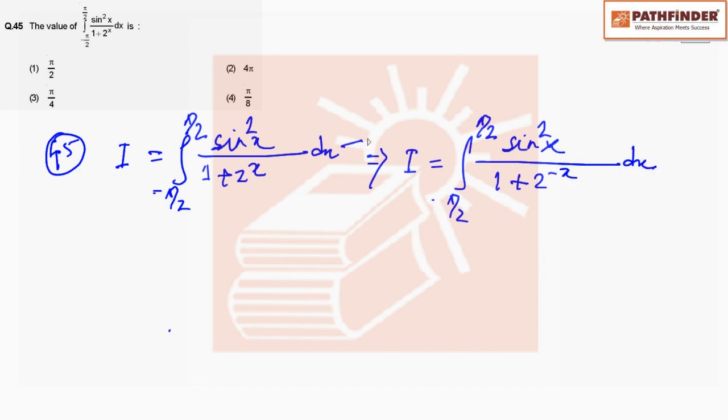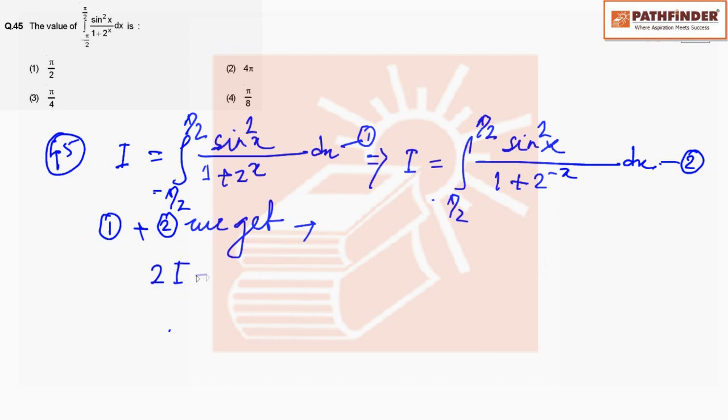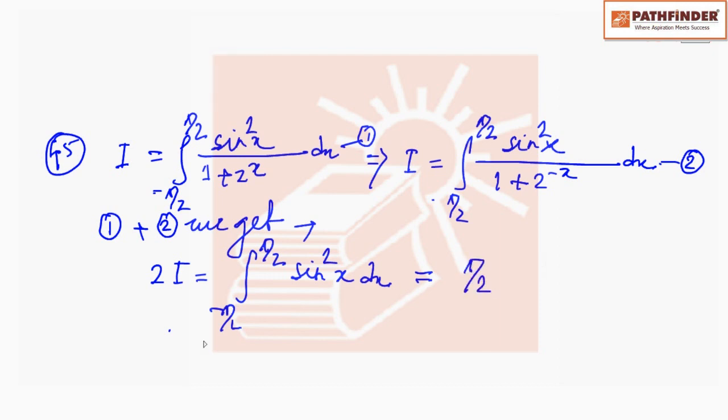Now adding, this is 1 and this is 2. Adding 1 and 2, we get 2I equal to the integral from minus pi by 2 to pi by 2 of sin square x dx, and the value of this integration is pi by 2.